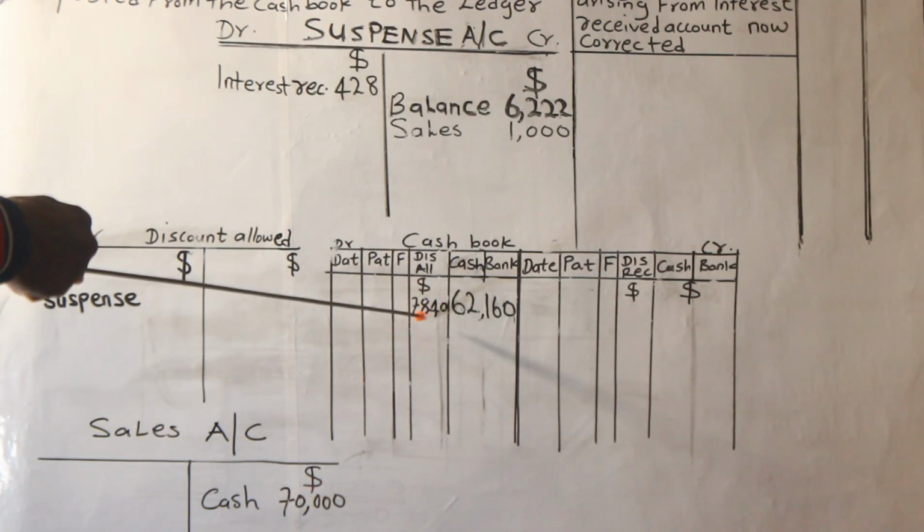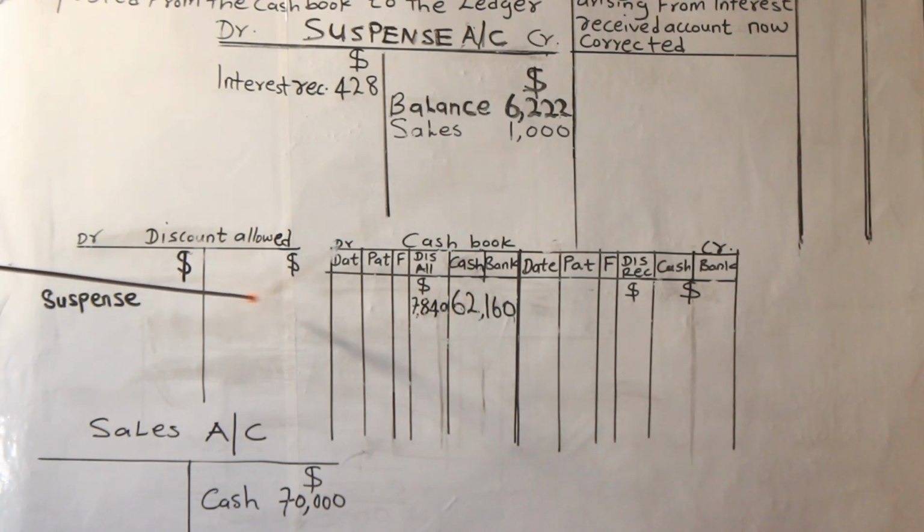But the question states that this 7,840 has not been posted from the cash book to the ledger. Which ledger are they talking about? Discount allowed ledger account. Now, when we are correcting this error, what we do is to place the 7,840 on the debit side of the discount allowed, which is the appropriate place for it. And how do we correct it?